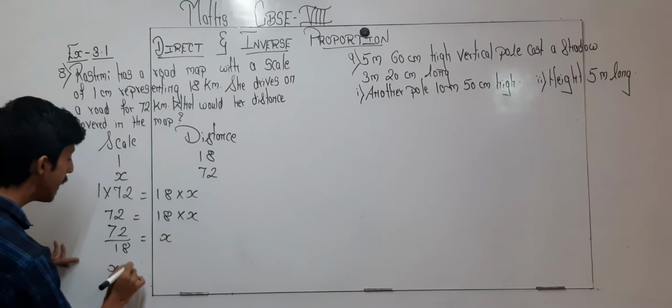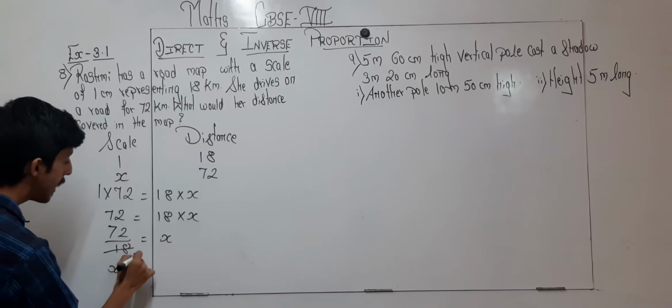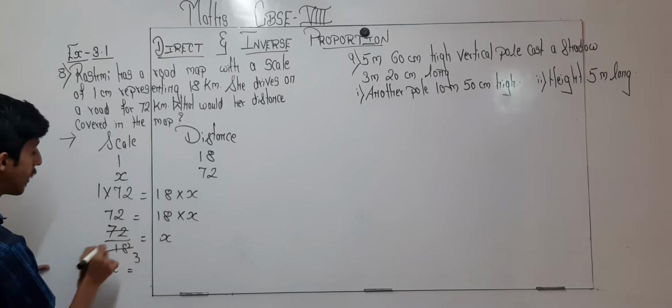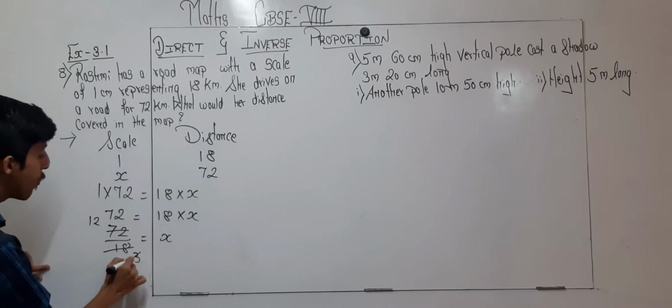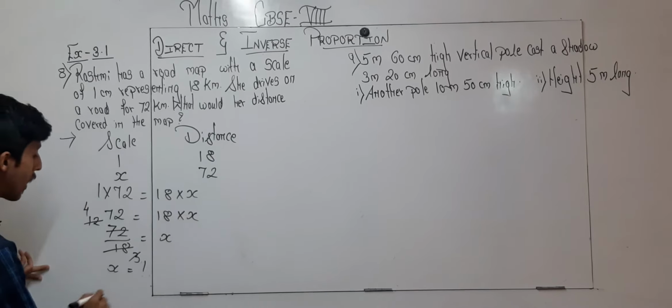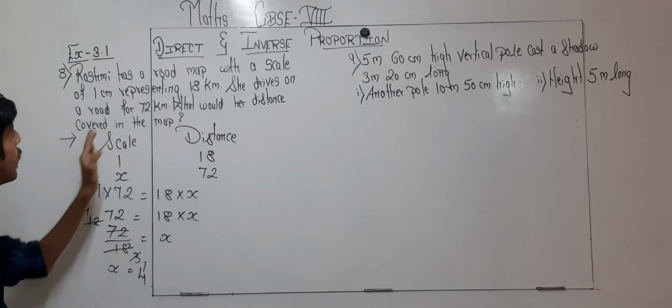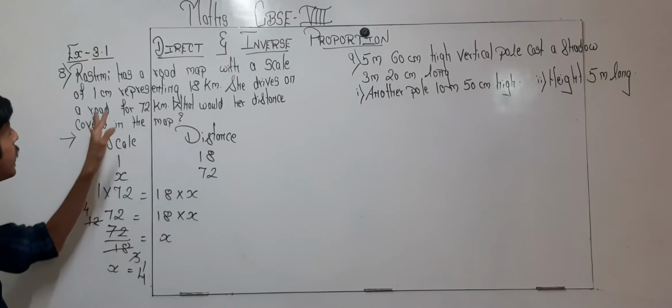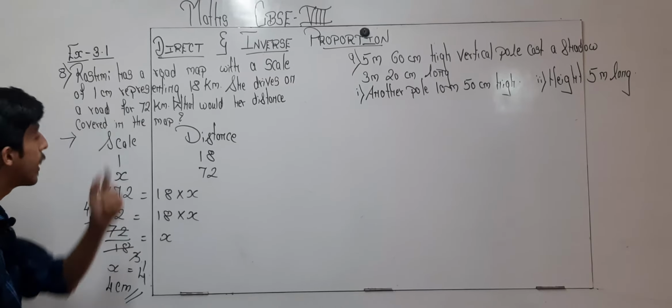When I divide it, 18 times 4 is 72. So my x is equal to 4. So how many centimeters are measured? Over here 4 centimeters is covered in the map by Rashmi.